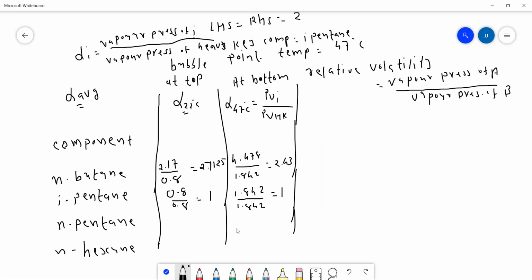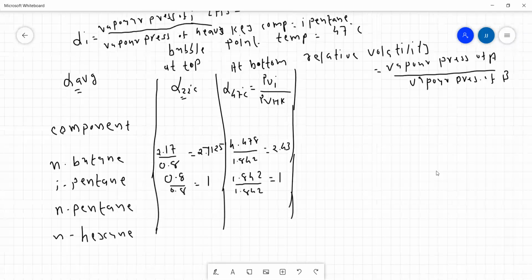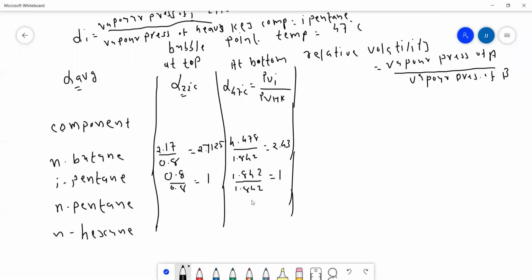For N pentane, the pressure is 1.426, so it is 1.426 divided by 1.842, which is equal to 0.77.